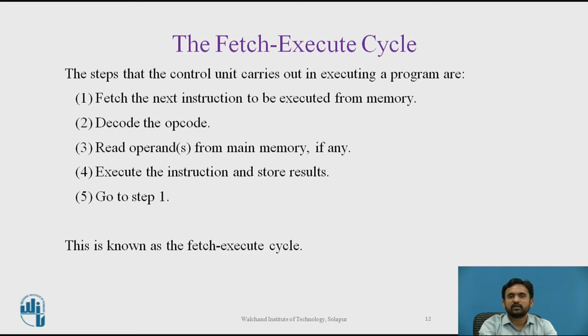Thereafter, for the next instruction, we again follow steps 1 to 5. So this is nothing but what? The fetch-execute cycle. And the control unit is responsible for coordinating these different units in the execution of a computer program.